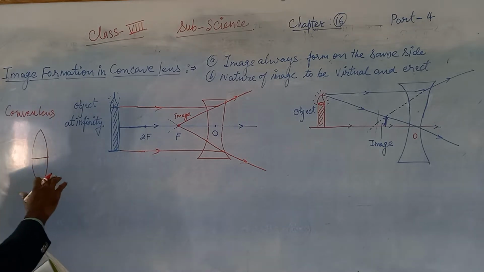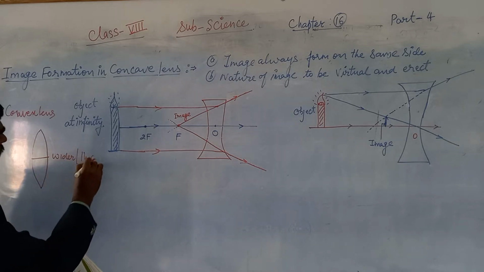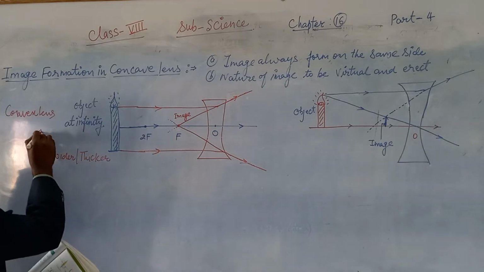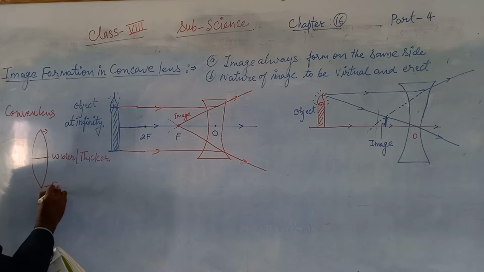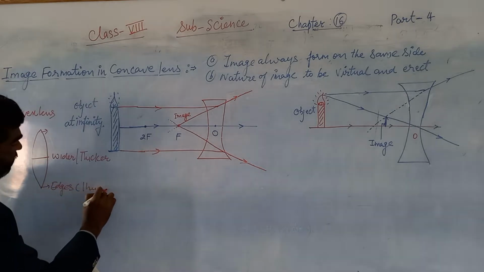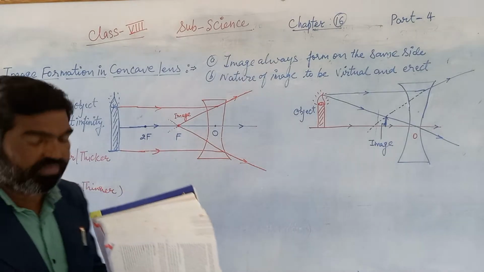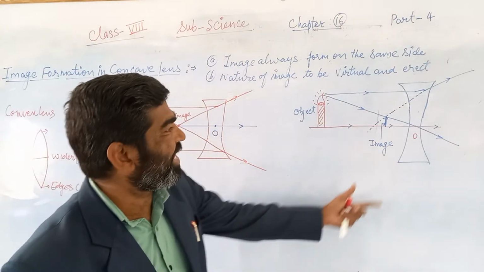From the center it becomes wider, or you can say thicker, and the edges become thinner. So this is the first difference between this type of lens.